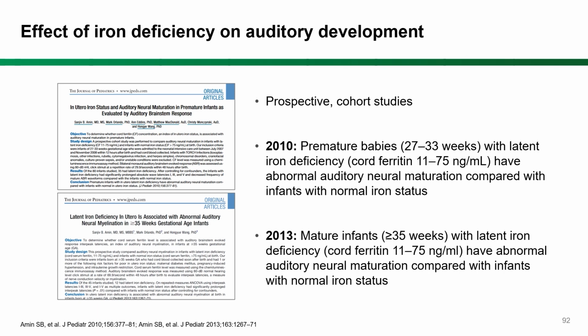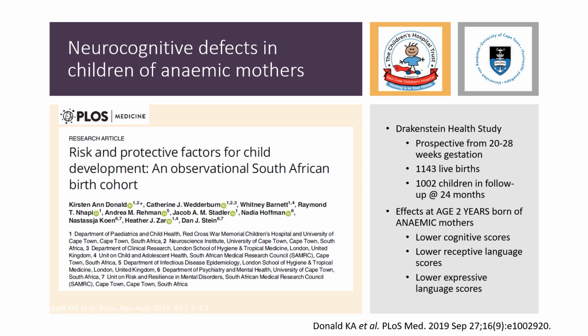The next one that you can see here, this is a study done here in South Africa. It was a prospective study from 20 to 28 weeks of gestation, more than 1,000 children, and children born of, in this case, anemic mothers.